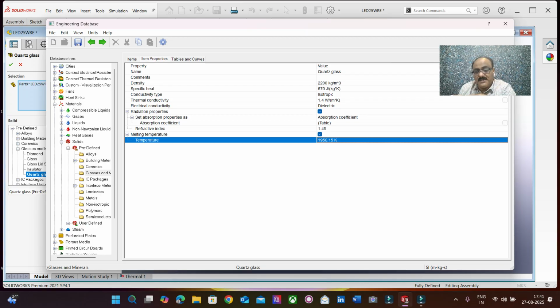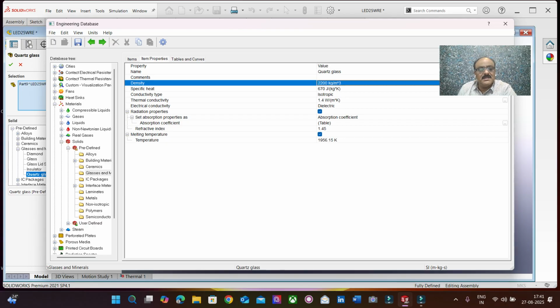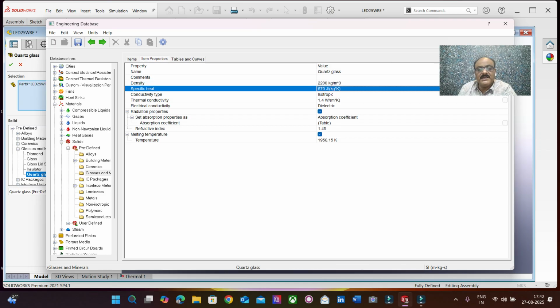Now we need to convert from Kelvin to degree Celsius. Here the temperature is given in Kelvin, and it will be converted into degree Celsius once we perform the simulation. The density is 2200, and the specific heat is 670 joules per kg per Kelvin.